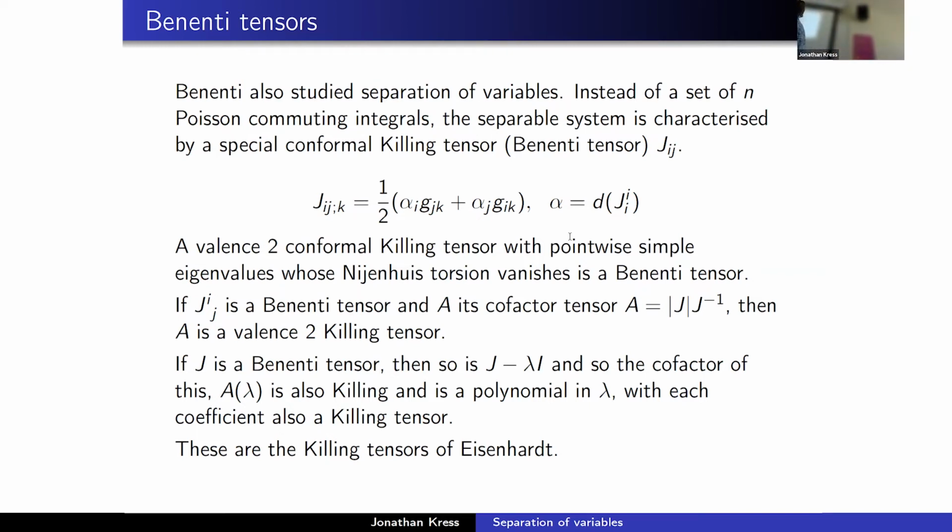If you just say that the covariant derivative of a valence 2 tensor is whatever you need it to be, this is a symmetric tensor, symmetric in i and j, so you've got to have these two terms. It's just going to be some covector tensor with a metric, and then symmetrized. That's all that's there. The condition here that alpha is the divergence, I guess, of the gradient of the trace of J is a consequence of this equation. It's not an extra condition. You just contract on that and you get that.